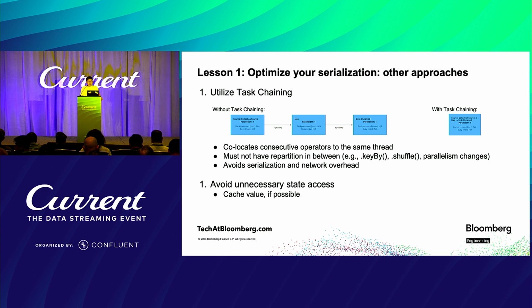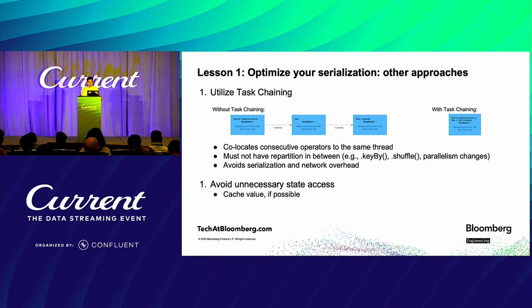Besides utilizing task chaining, one of the other ways is to try to avoid unnecessary state accesses. Like we discussed before, whenever you are accessing RocksDB in your operator, there will be serialization happening in between.